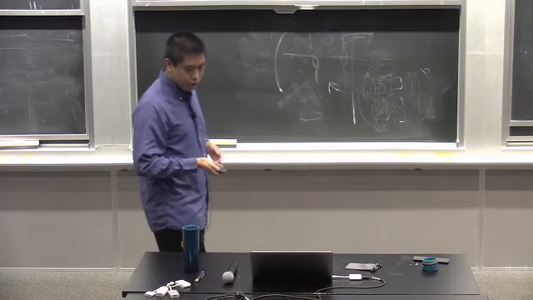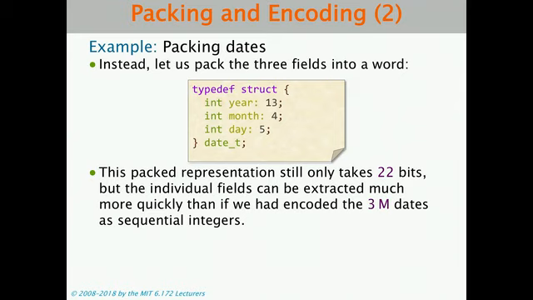OK, so it turns out that there's another way to store this, which also makes it easy for you to fetch the month, the year, or the day for a particular date. So here we're going to use the bit fields facilities in C. We're going to create a struct called date_t with 3 fields, the year, the month, and the day. And the integer after the colon specifies how many bits I want to assign to this particular field in the struct.